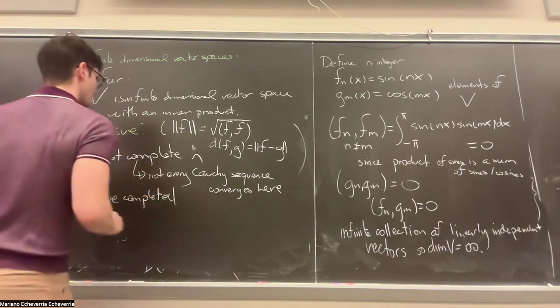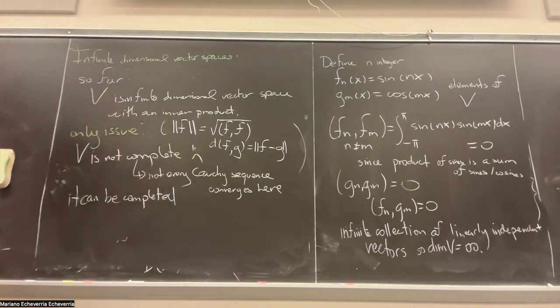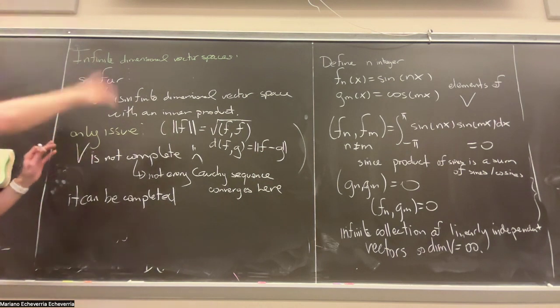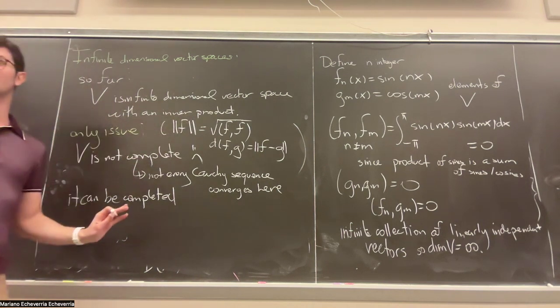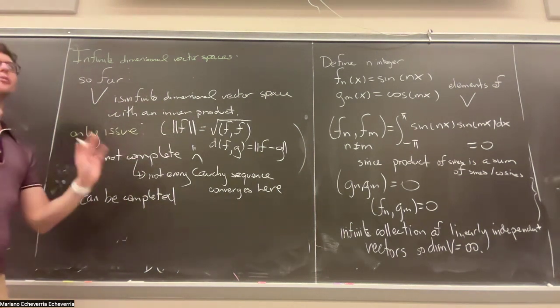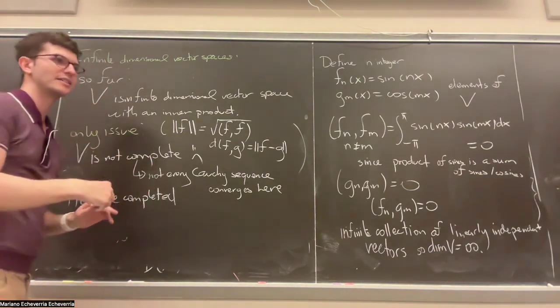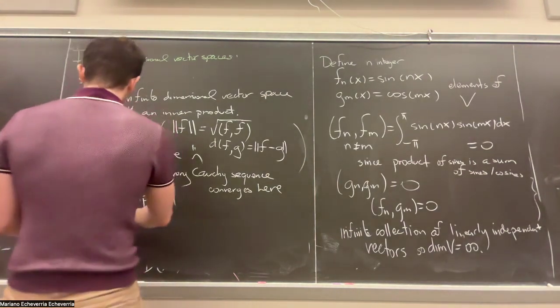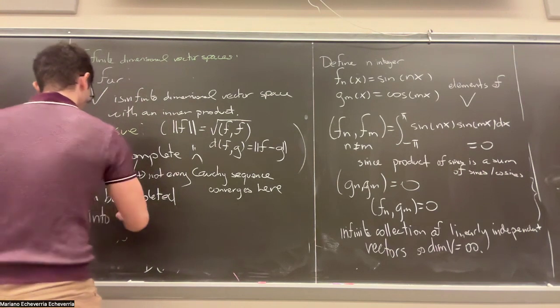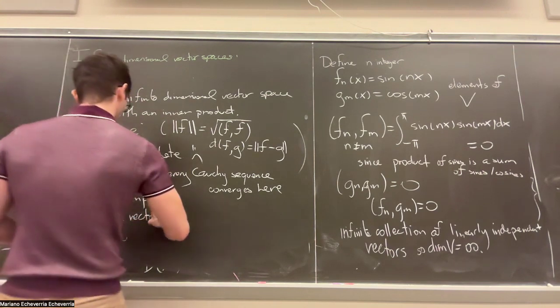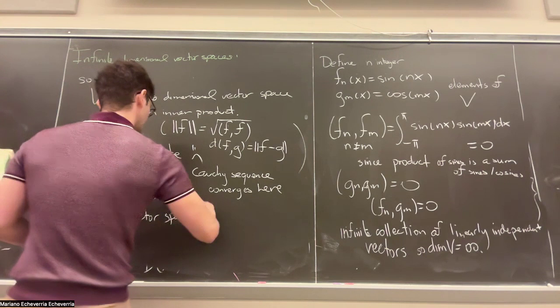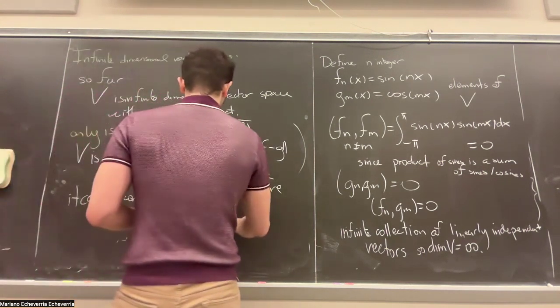And the cool thing is that the completion will continue to be an infinite dimensional vector space with an inner product. And that's what people refer to as a Hilbert space. So a Hilbert space is just a vector space V with an inner product that's complete, basically.